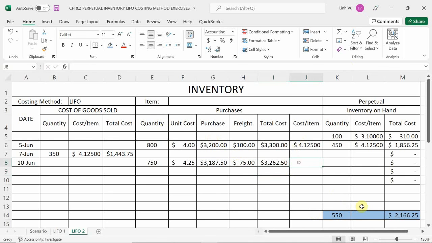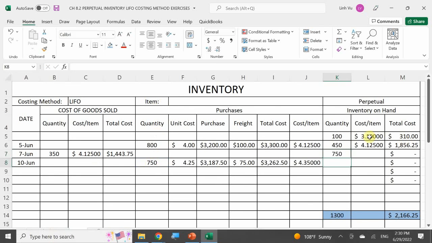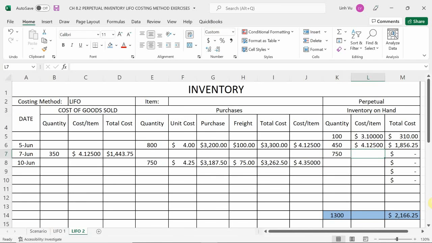Giving me my cost per item to be $4.35. Yeah, even, right? Because if I drag it out, it's even. Okay. So we're going to add 450 to my 750 to my inventory at that $4.35. So that's going to give me that exact number.